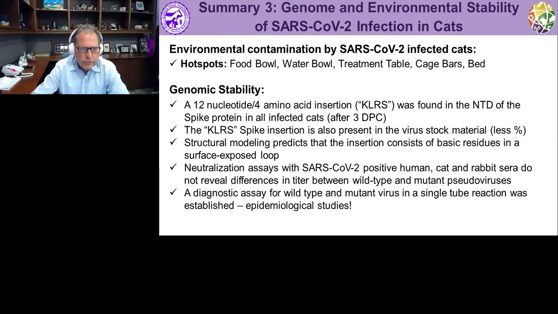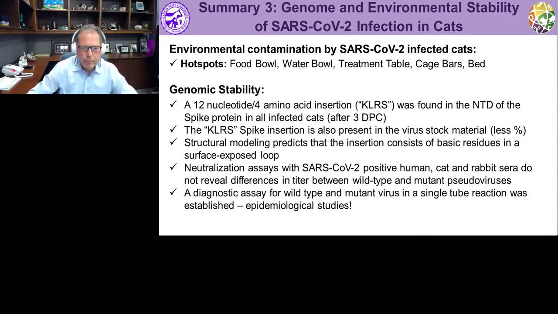And we have shown that the virus, which is transmitted into cats, amplified for 3 passages in Vero cells, selects a mutant virus, which has a 4 amino acid insertion, a KLRS insertion, and we found that in all cats after 3 days post-inoculation. And this insertion is present also in the virus stock material, but in a lower percentage. It's not the consensus sequence. However, it's the consensus sequence in the cat.